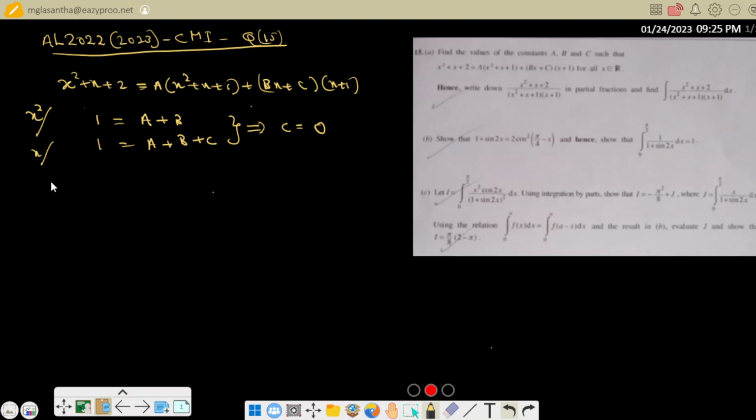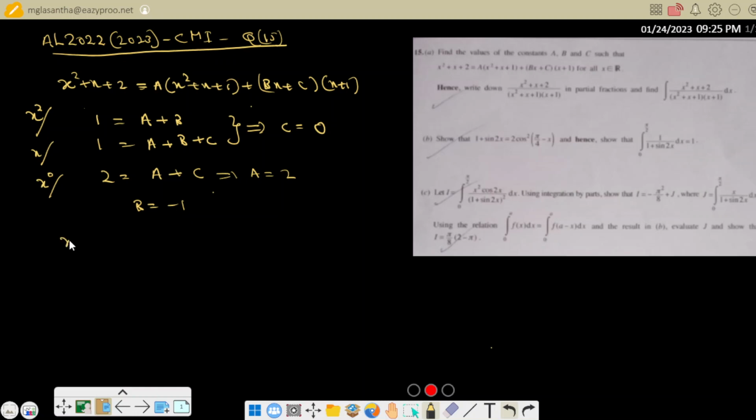C equals 0. Then you get the coefficient of x to the 0, that is the constant term. Left hand side constant term is 2 and right hand side a plus c. Now c is 0, therefore a equals 2, and b equals minus 1.